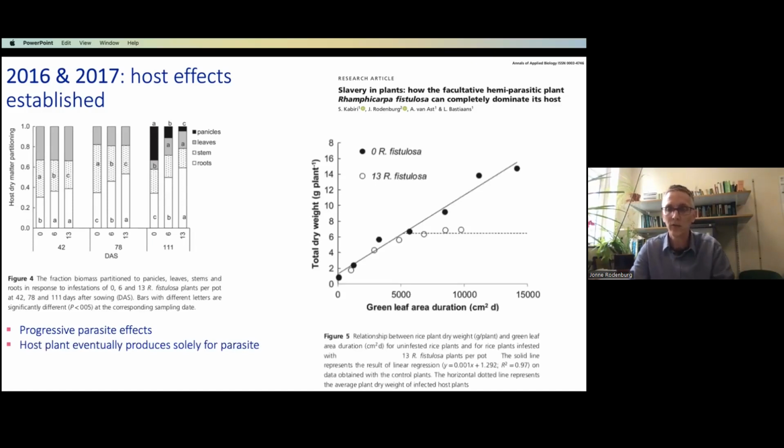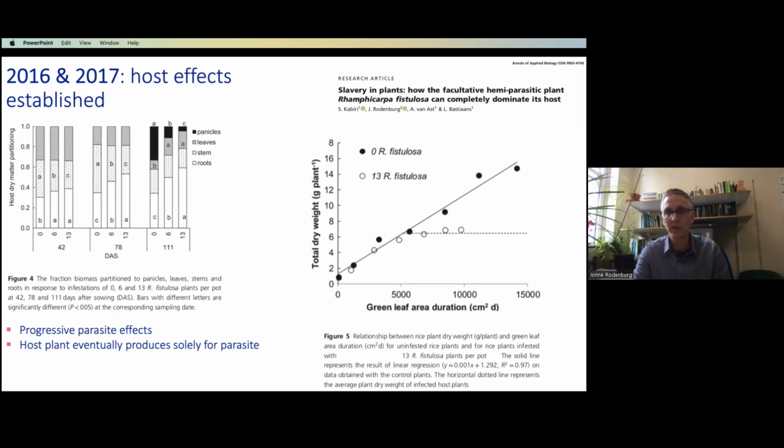On the right-hand side, you can see a graph with the green leaf area duration on the x-axis and the total dry weight of the host plant on the y-axis. The black dots are Rhamphicarpa-free plants, and the open symbols are Rhamphicarpa-infested rice plants.